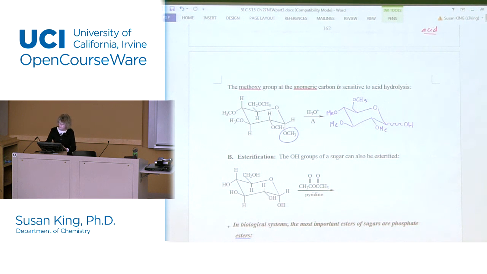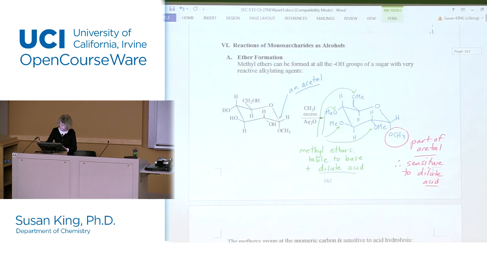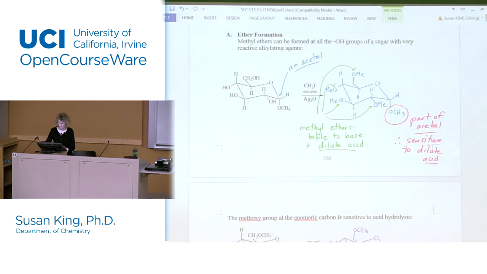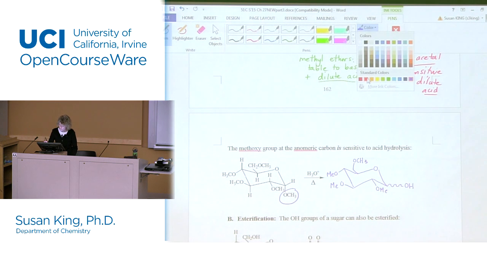Before, when we had it as a glycoside, we did not have mutarotation. So for this compound on the previous page, since it's a glycoside, no mutarotation at all. But once we hydrolyze that acetal and make it a hemiacetal, now mutarotation can take place.